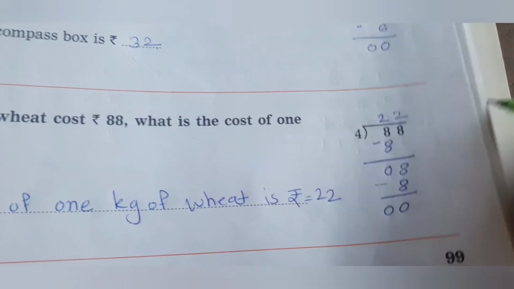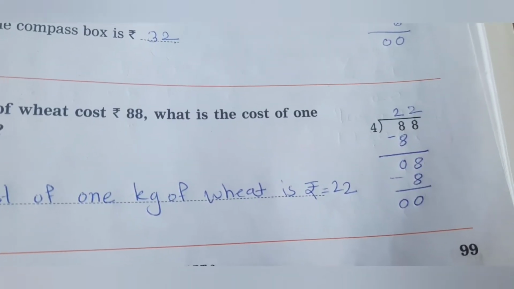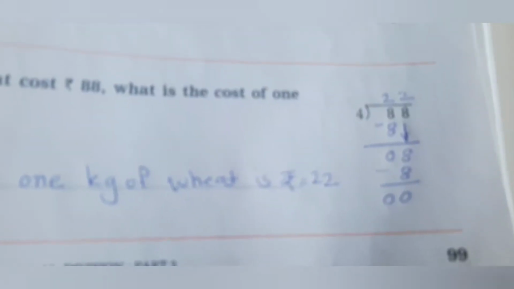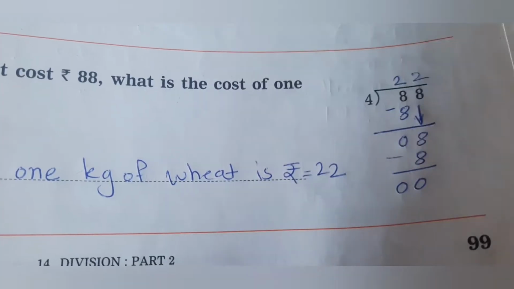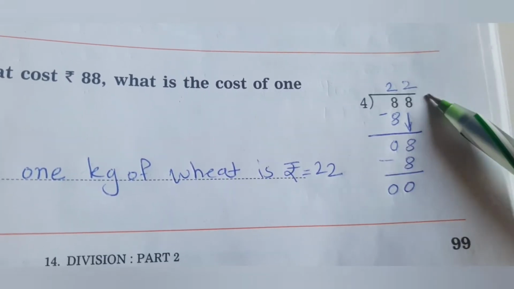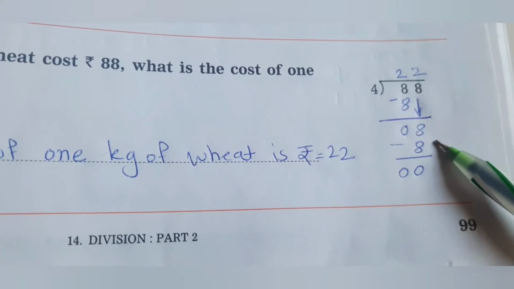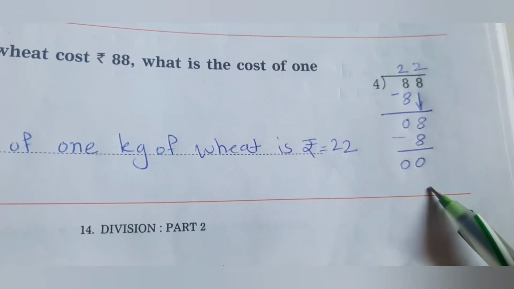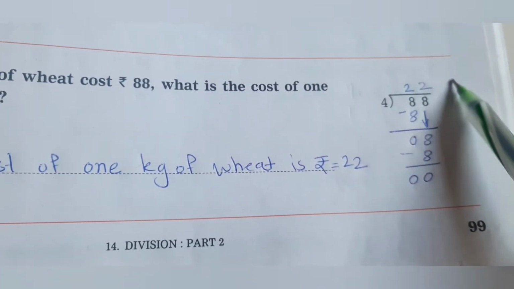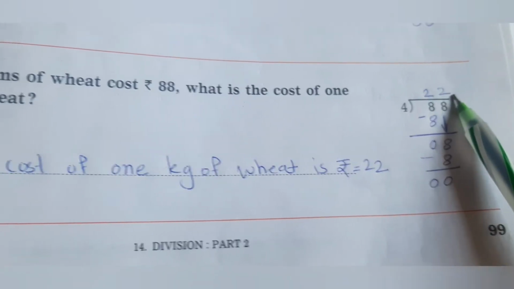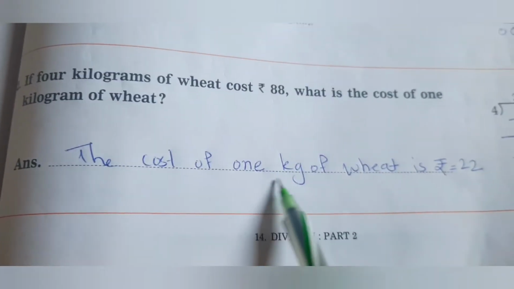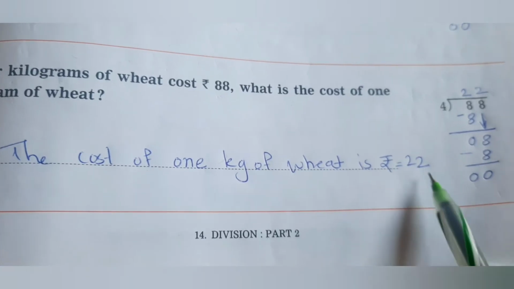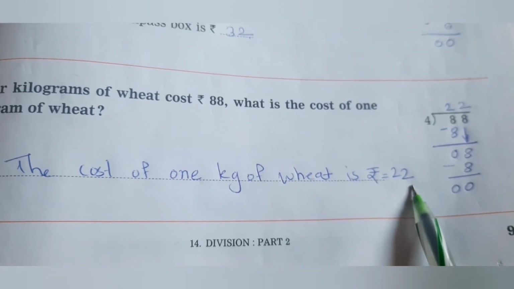This arrow is indicating the 8 is brought down. Okay, students. So again 4 twos are 8. 8 minus 8 is 0. Quotient is 22. This is the answer. The cost of 1 kg of wheat is rupees 22. In this way you have to solve it.